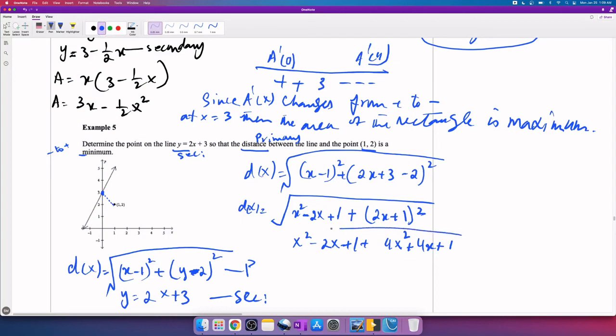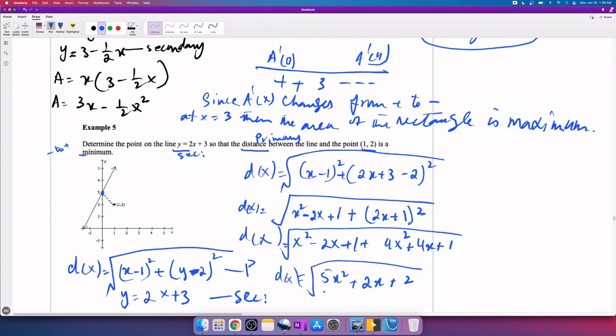So this is what I got so far. x squared and 4x squared are like terms, so I'm going to make this 5x squared. 2x and 4x subtract, so that's plus 2x and plus 2. So this is what I have for the d of x.